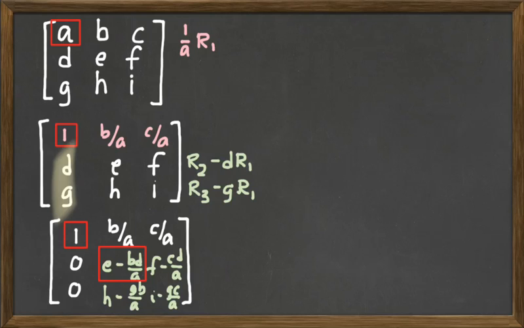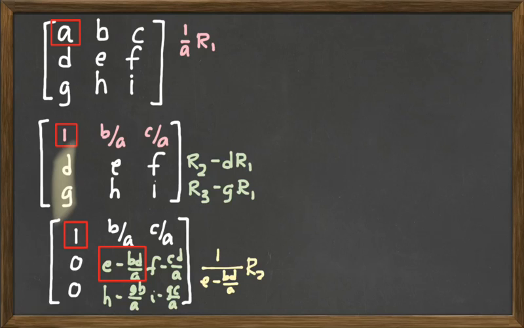And so to keep going, what I'd really like to do is divide that second row by e minus bd over a. This is going to be fun. So 1 over e minus bd over a times row 2.